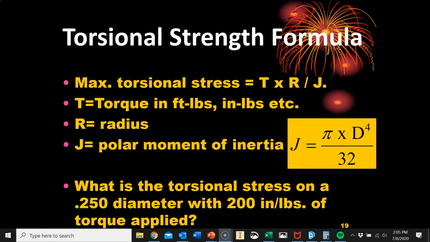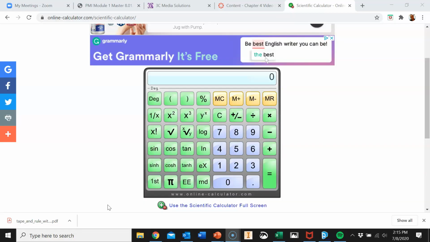So, what is the torsional stress on a 0.250 diameter with 200 inch-pounds of torque applied? Well, we'll open up the calculator. I had to switch to an online scientific calculator to do the diameter to the fourth power. So here's an online calculator. The formula again was pi times the diameter to the fourth, right?